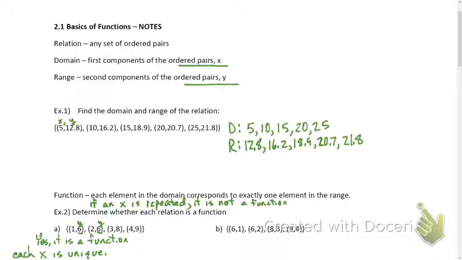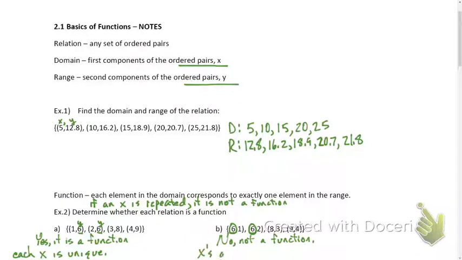On example B, look at these 6's here. These two 6's make the answer a no, not a function. Let's write it differently.